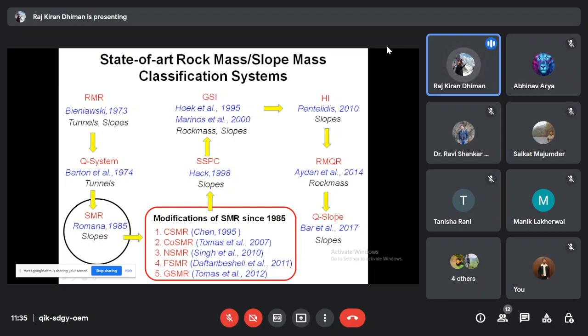If you have observations, like Romana had observations about different slopes behaving differently in different types of conditions, he had some idea and he developed the classification system using a few factors which I have already mentioned, the major factors. So this is a brief idea about the different classification systems.